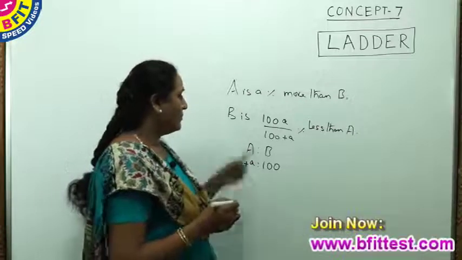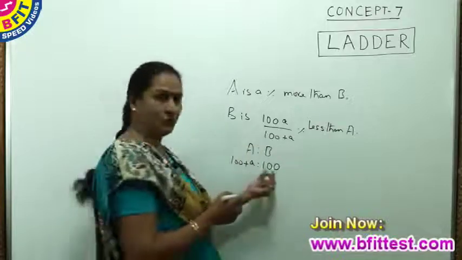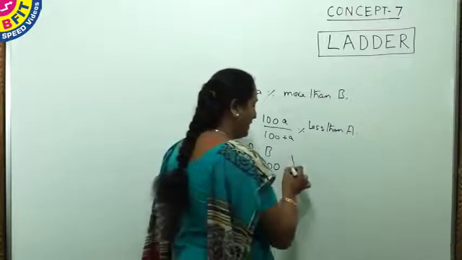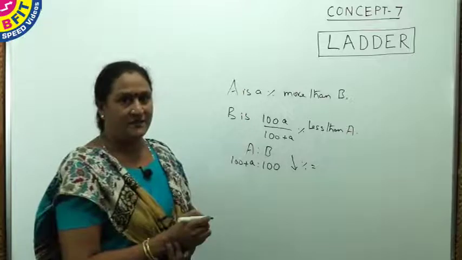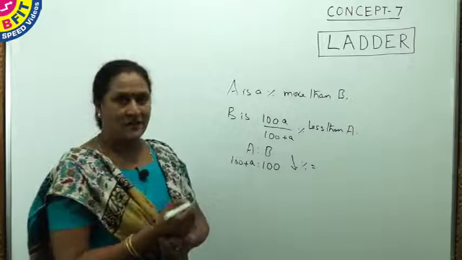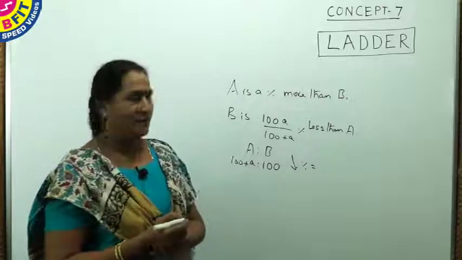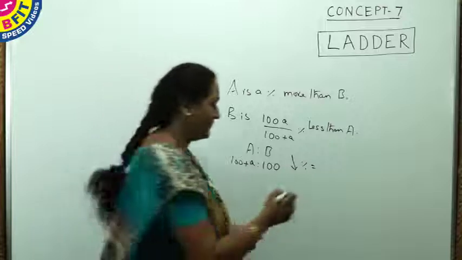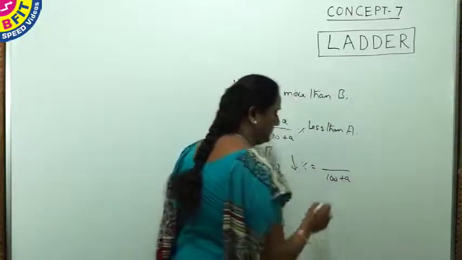So now by what percent is B less than A? We have two values, 100 plus A and 100, and we are asked to find what percentage. It is decreased percentage. Whenever decreased percentage is asked, I have told you, write the higher value in the denominator. So in this too, what will be the higher value? 100 plus A. So write this 100 plus A in the denominator.